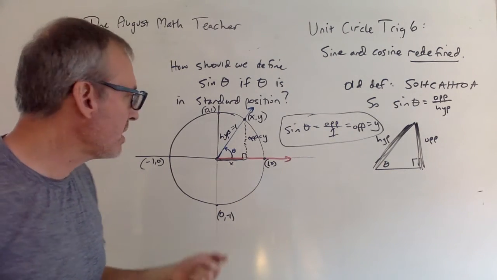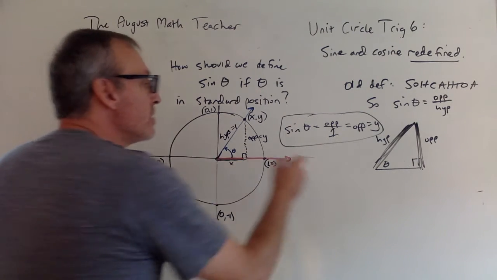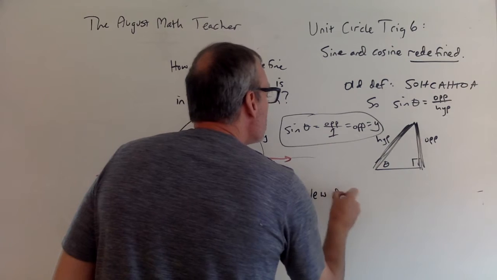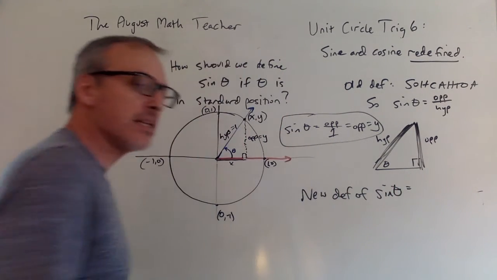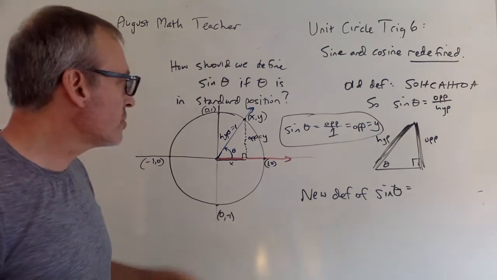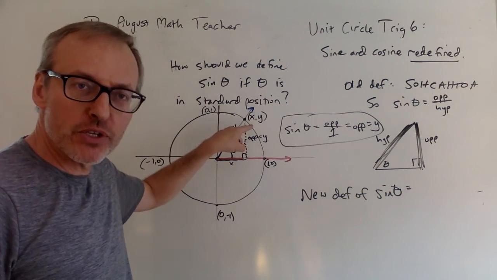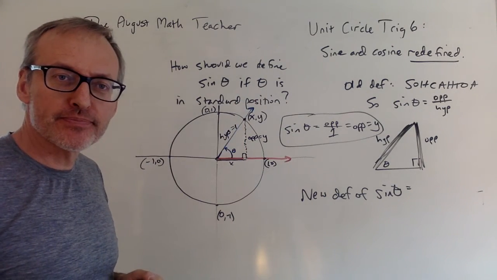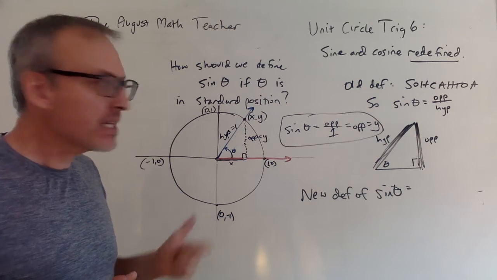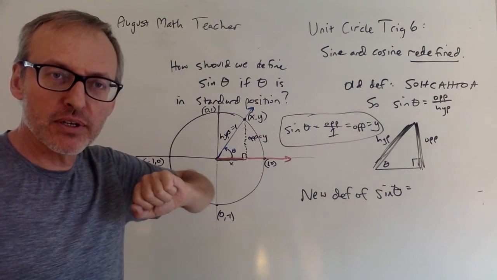And that's the new definition of the sine of an angle theta. I'm not going to draw this right triangle every time. Instead, the new definition of the sine of theta is going to be just whatever the y value is on the unit circle of where the terminal ray hits. We're always going to do that because it does match up with opposite over hypotenuse.